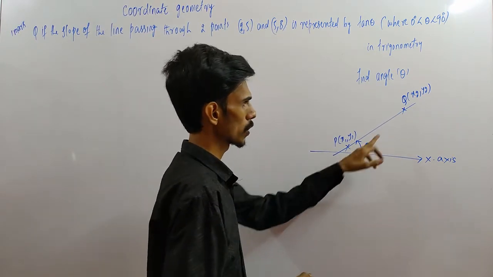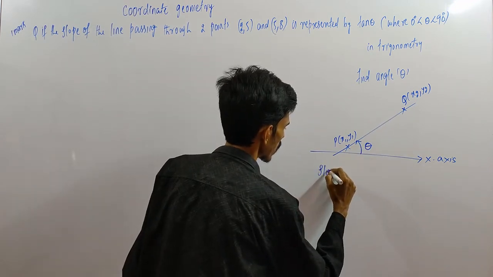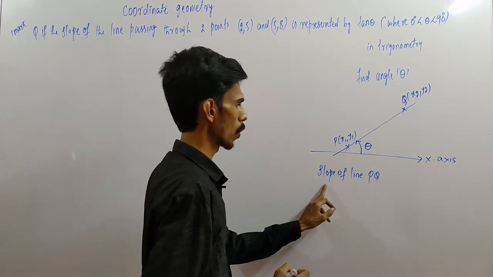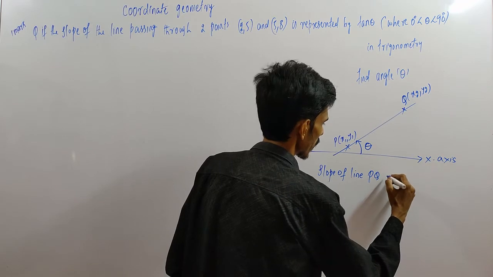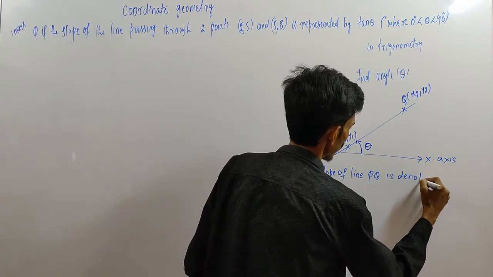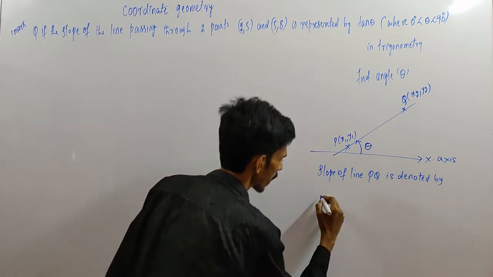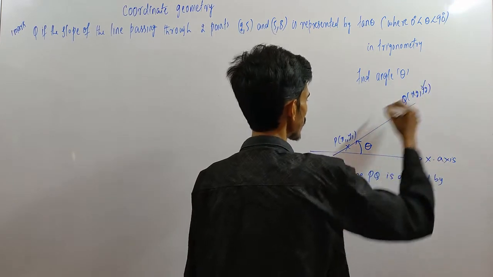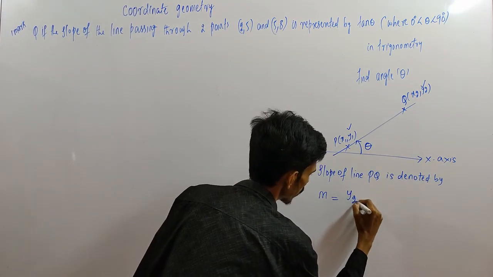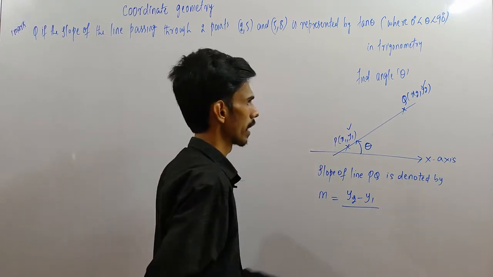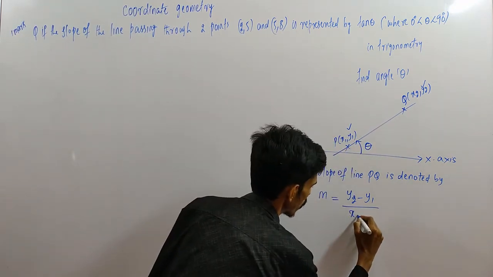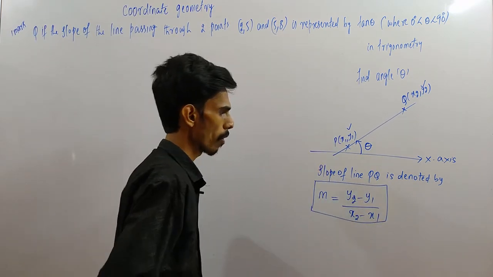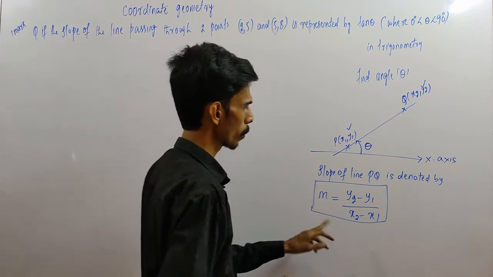Here the slope of this line PQ is denoted by letter M, and its value is difference in y coordinate, y2 minus y1, upon difference in x coordinate, x2 minus x1. So remember this formula for slope of a line having 2 points.